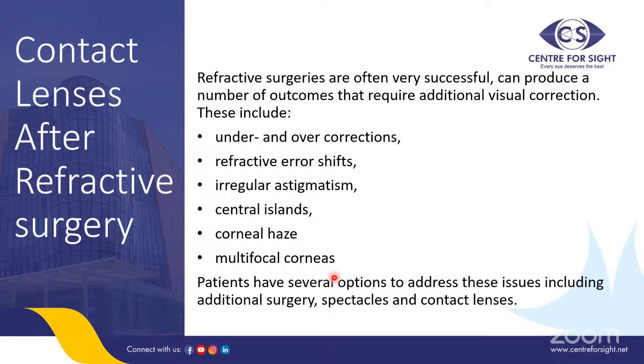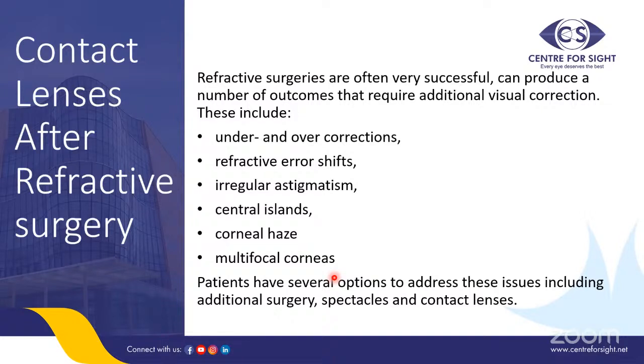So coming to contact lens use after refractive surgeries. What are the indications of contact lenses post-refractive surgery? They can be, for example, post-refractive surgery if we may have under or over correction, refractive error shifts, incidents of irregular astigmatism or formation of central islands, corneal haze, or even multifocal corneas.